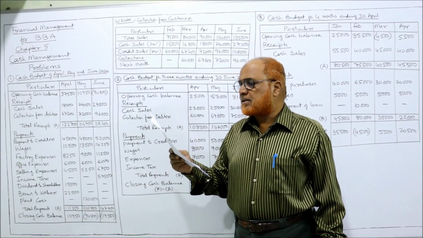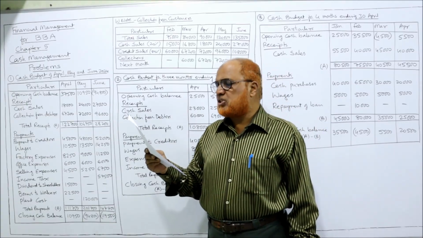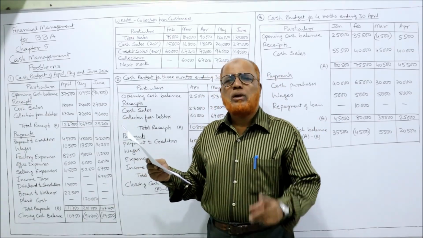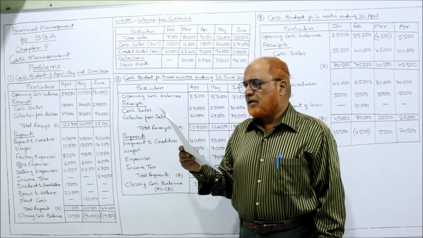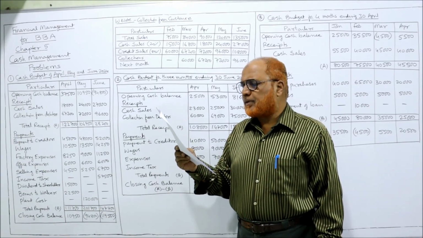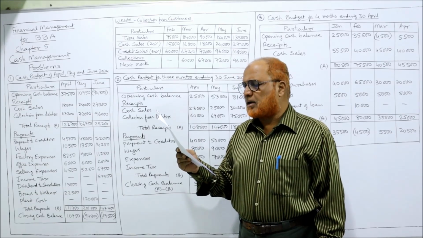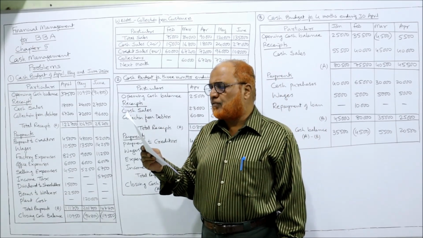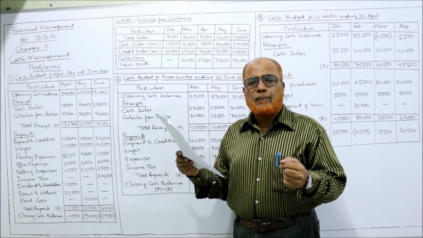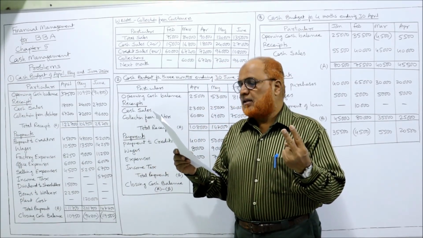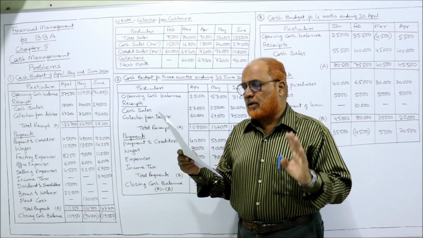The income tax of rupees 57,500 is due on 15th June, only once. In the month of June, income tax has to be paid. The company is to pay dividend to shareholders and bonus to workers, 15,000 and 22,500 respectively, in the month of April. So in April, two more payments are there, that is dividend payment and bonus to workers.